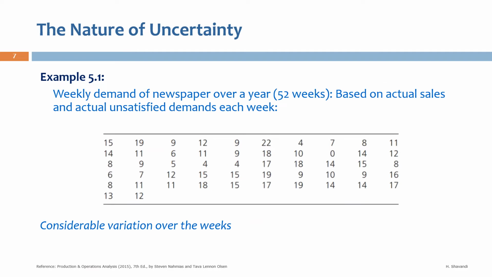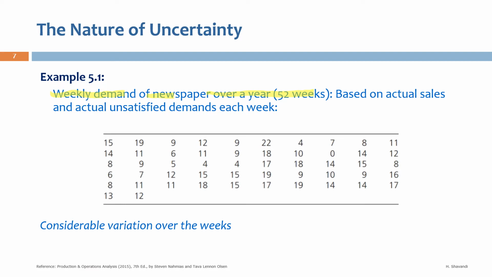Let's have an example here. The weekly demand of a news vendor over a year, so 52 weeks. Let's assume that we have recorded the actual weekly demand of a news vendor over a year, so we have 52 data points here.